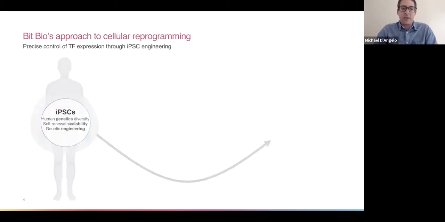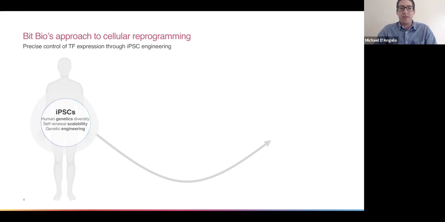So if I tell you a little bit more about iPS cells, these are cells that have been reprogrammed from mature human cell types back into a pluripotent state so that they're very similar to embryonic stem cells in their ability to differentiate into all three germ layers of the human body, and in principle have the ability to become any cell type of the human body.